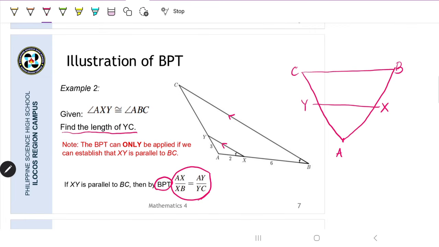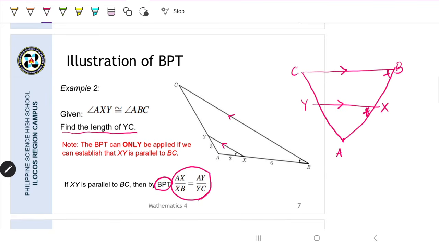Okay, so we are given the following: angle AXY, this angle, is congruent to angle ABC, this angle. And we need to prove that these two lines are parallel.